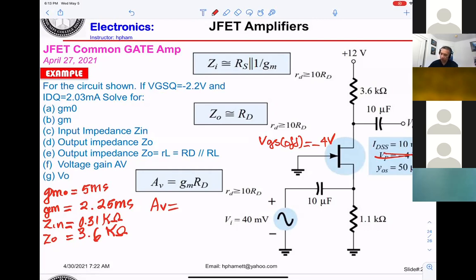Yep, that's what I got on all those. 8.1 Av.